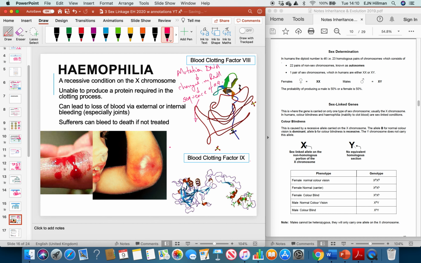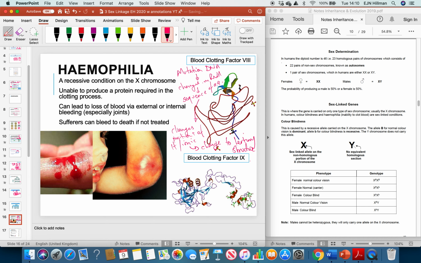That changes the positions of hydrogen bonds or ionic bonds, causing a change to the tertiary structure. Okay, I know that's a little bit of a sideline, a bit of DNA revision, but it's always useful to remember this.